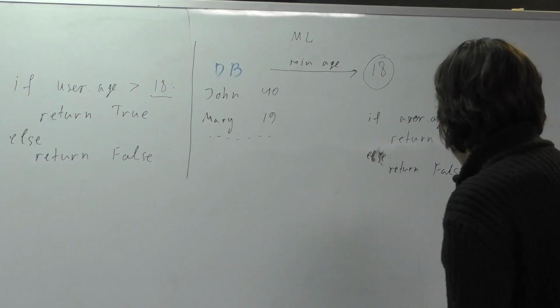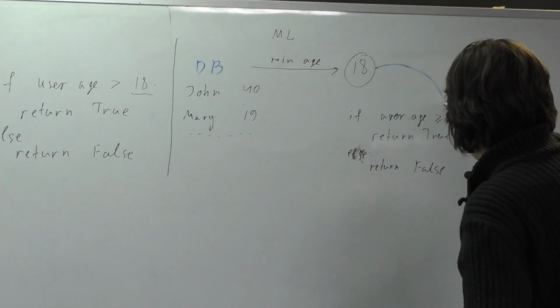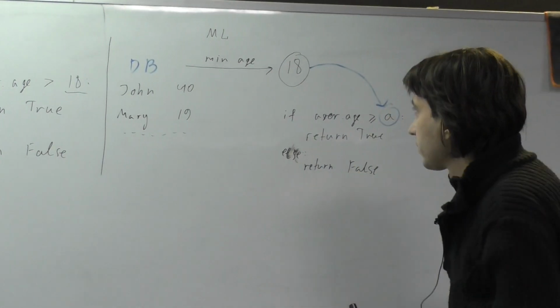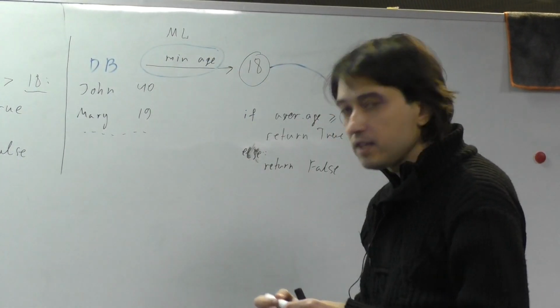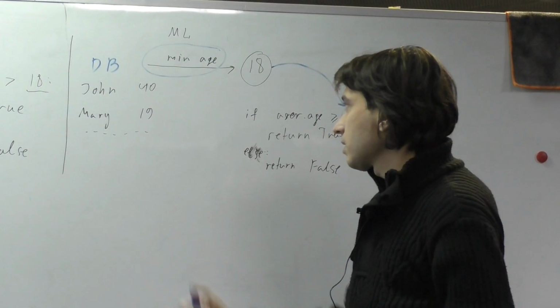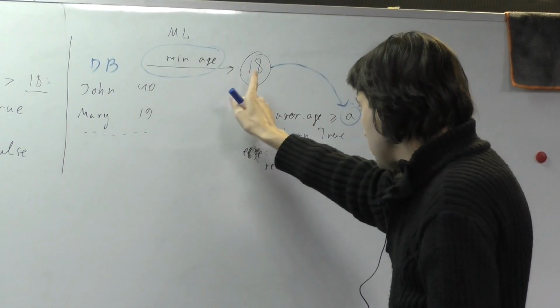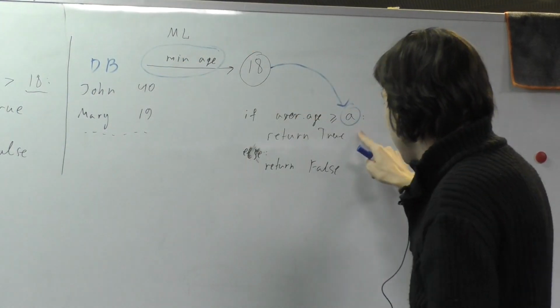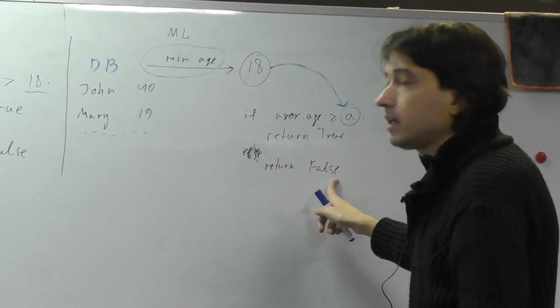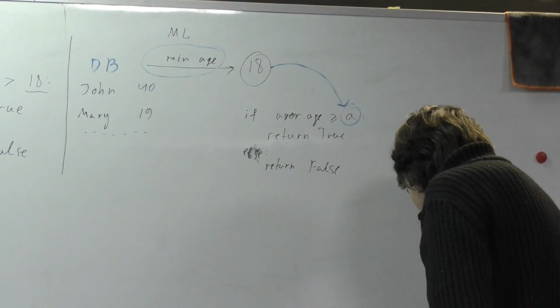And this parameter a is set from here. Finding this minimal age is some sort of training algorithm that considers some data from the outside world, computes some parameter, in this case the minimal age from the database, and sets it into the program. Now I can use this program and immediately get some results.